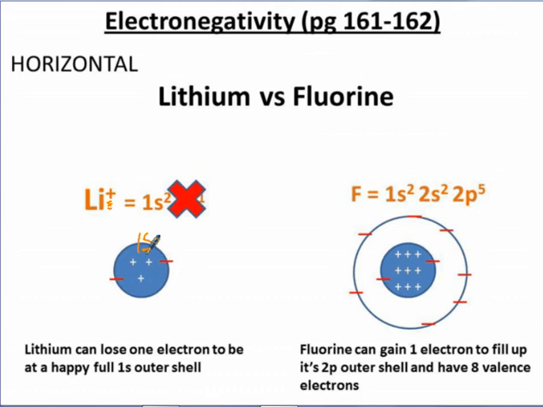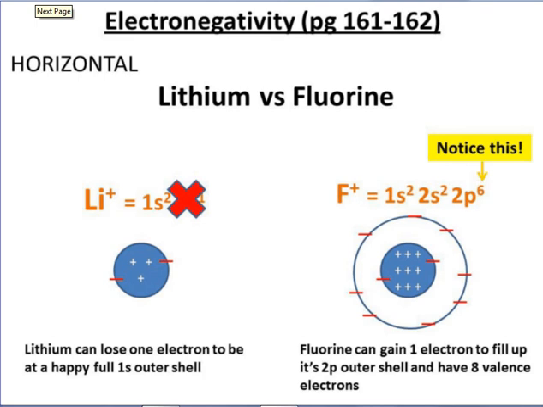Fluorine, on the other hand, only needs to gain 1 more. If you see, it's got 2s2, 2p5. So that has 7 valence electrons in the second energy level. Fluorine wants to gain 1 electron so it can fill up the 2p outer energy shell. So fluorine gains 1.